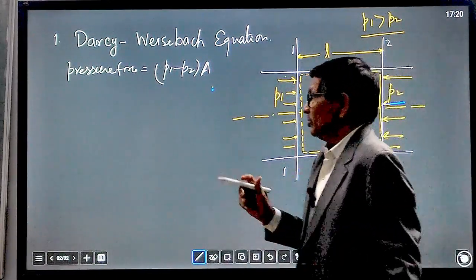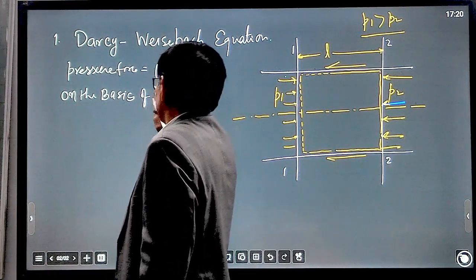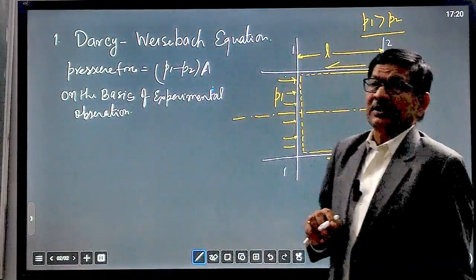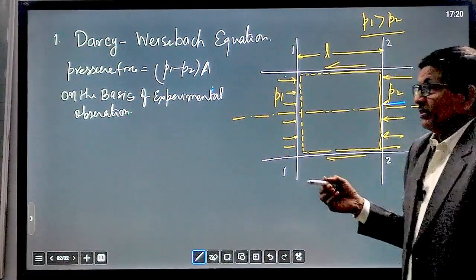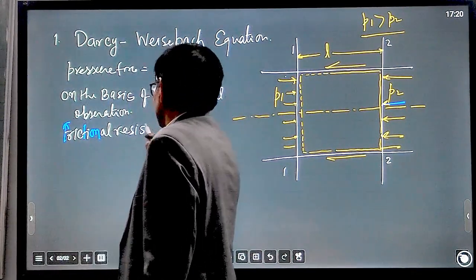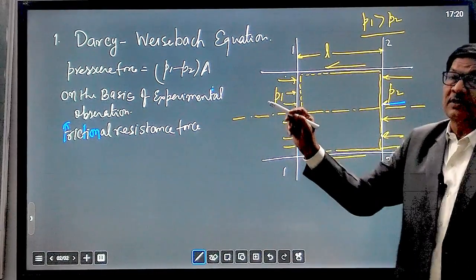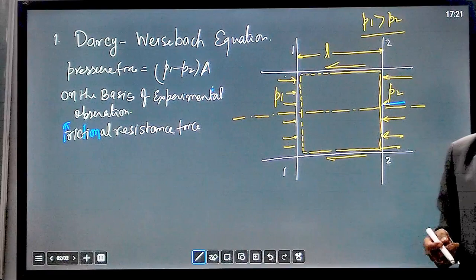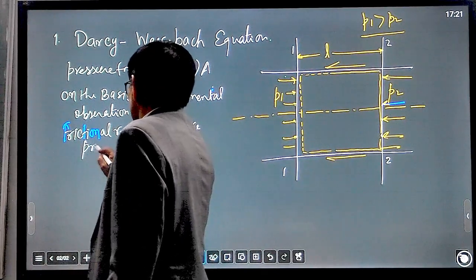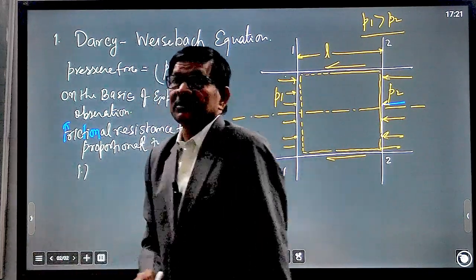experimental observation, Darcy proposed that frictional resistance force, which the fluid will face, and this frictional resistance force is due to wall friction and due to fluid friction occurring due to viscosity of the fluid, is proportional to number one, length of the pipe.